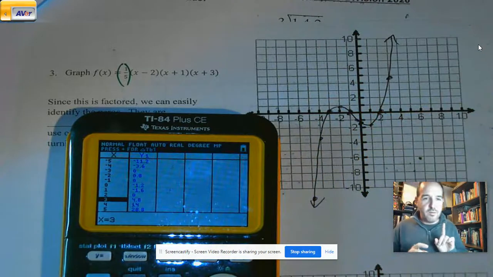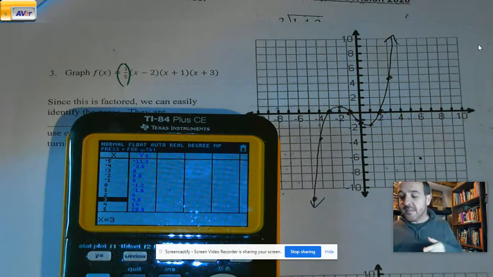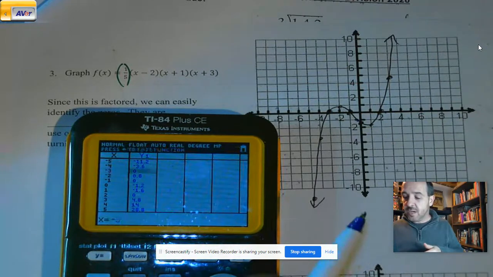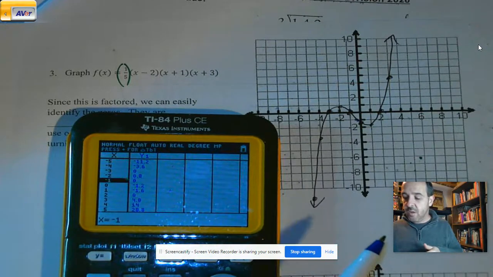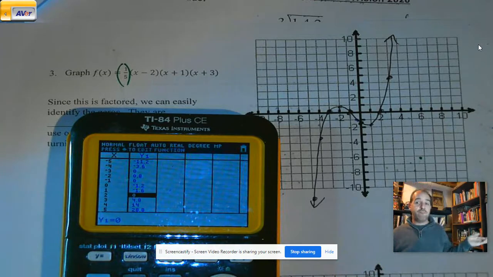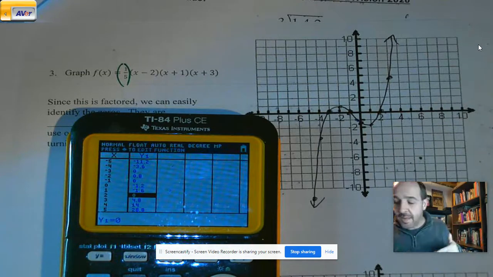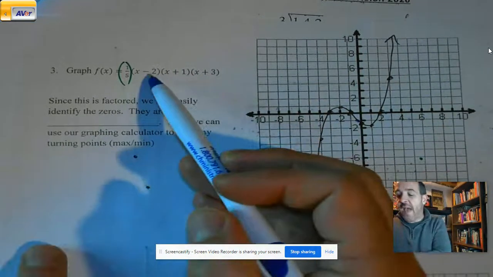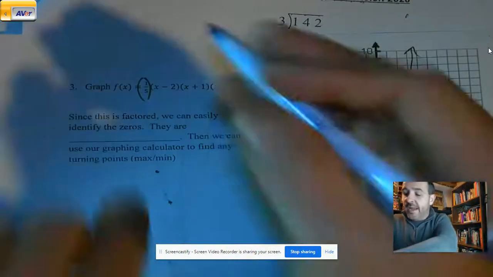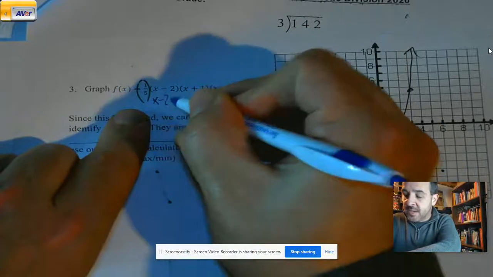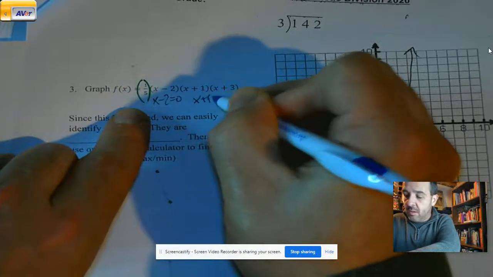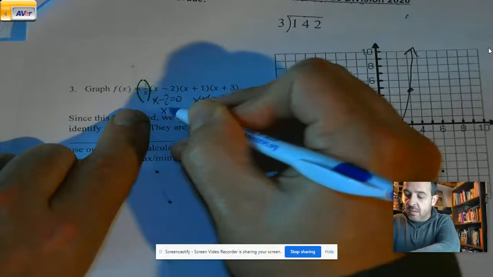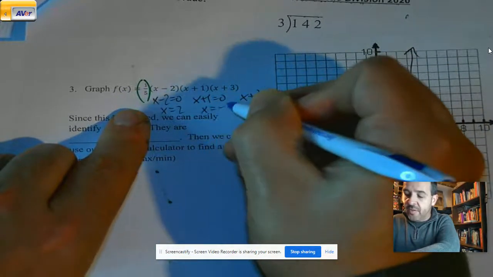But I noticed something, okay? Since this is factored, now I still can use my trick from before and say, hey, there's a 0 or an intercept, there's a 0, there's a 0. I got all 3, okay? But I also could use the fact that these are factored to know I can set these equal to 0 and use algebra to find the values as well.